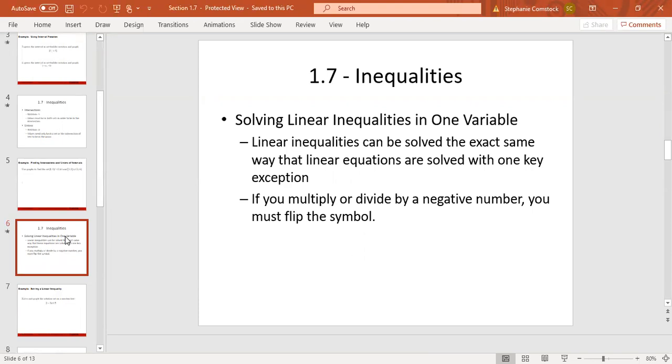The one key exception is that if you multiply or divide by a negative number, you have to take that inequality symbol, the less than symbol, the greater than symbol, whatever it is, and you have to flip it the other direction.